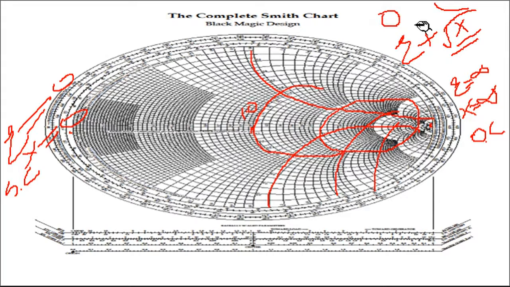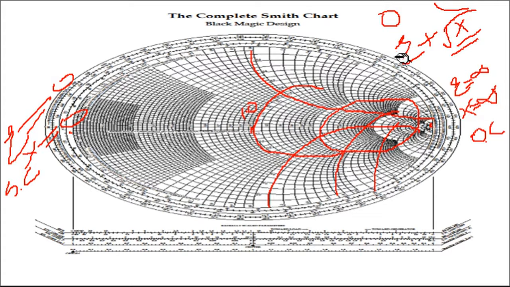Now any value of impedance can be represented by a proper combination of this r and x. How to do that, we will see in some of the numericals coming. Now if this is clear, from this particular slide you have to just understand 3 points: open circuit point, short circuit point, match point.